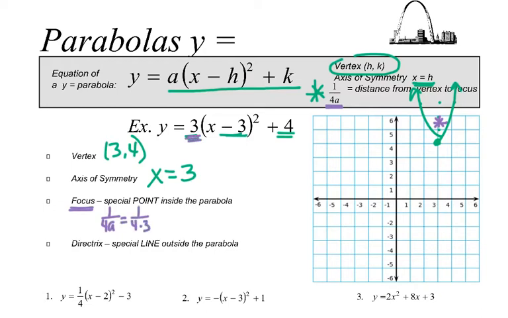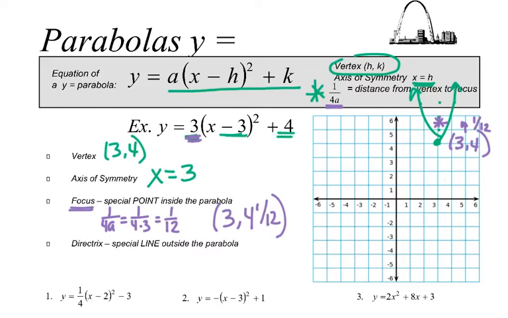So in this example, the a is 3, so 1/12 is my distance from the vertex to the focus. The focus is always inside the parabola, so I was at the ordered pair (3, 4), and I'm going to go up 1/12. So what ordered pair do I land on? Right, (3, 4 and 1/12). Again, you can't really graph that, we just put that star.